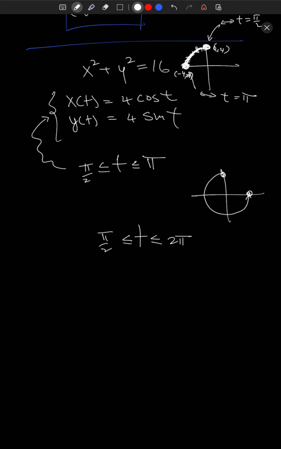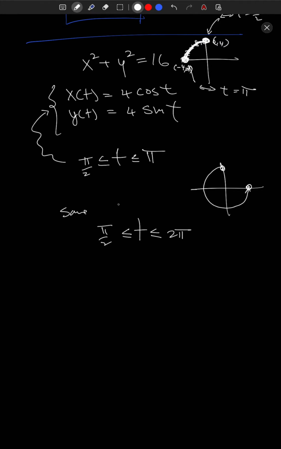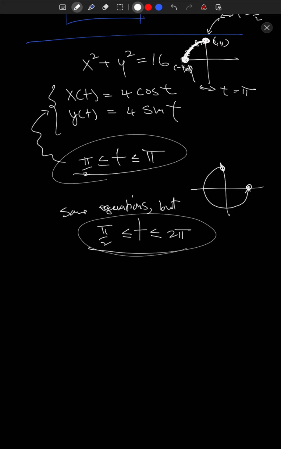So same equations, but this time t has a different restriction. These restrictions on my t give me restrictions on what portion of the road I'm interested in.